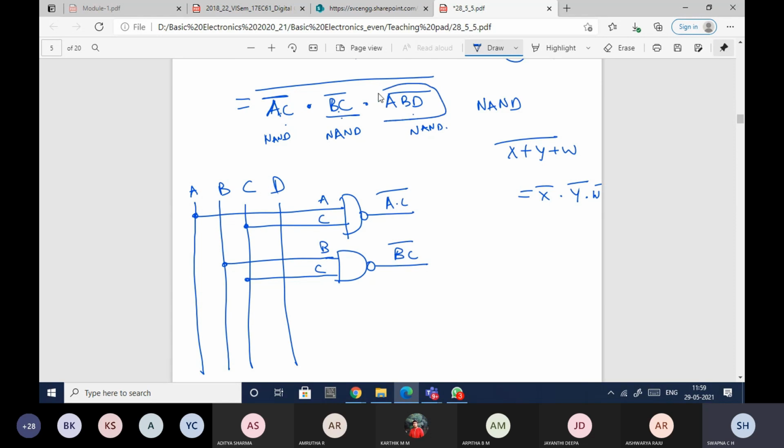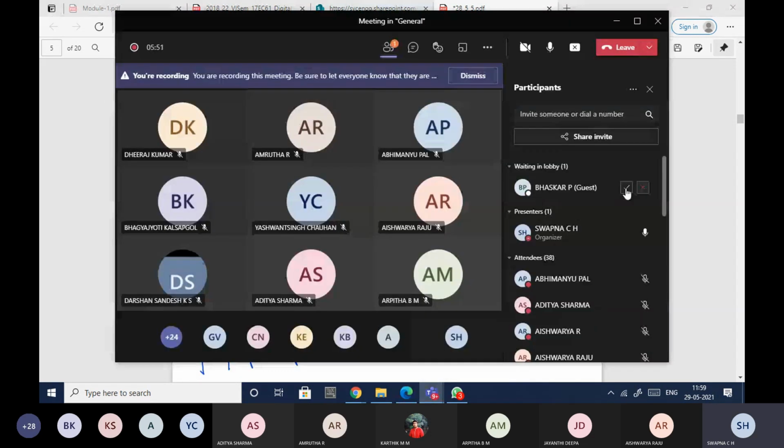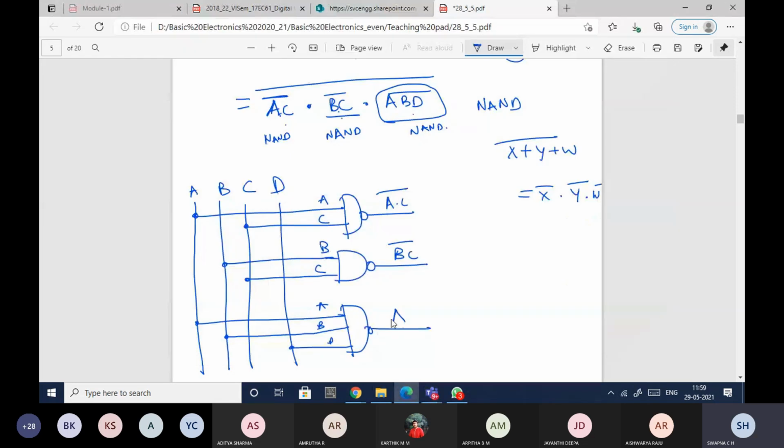Next you need to get this one. So A, B, D. Give it to the NAND gate so that I'll get ABD bar. Now this one I've got, this one I've got, and this one also I've got.